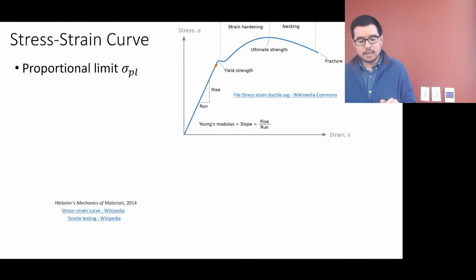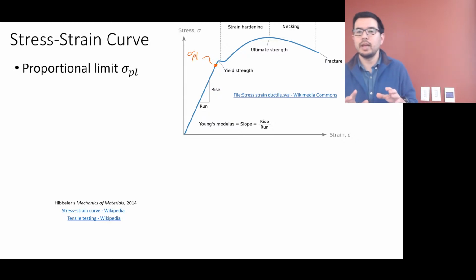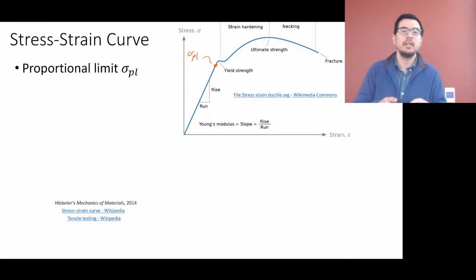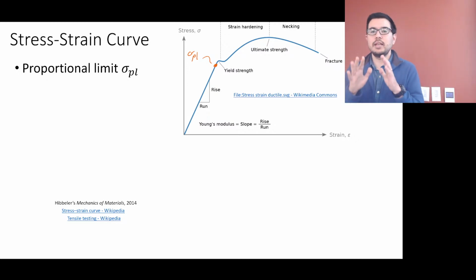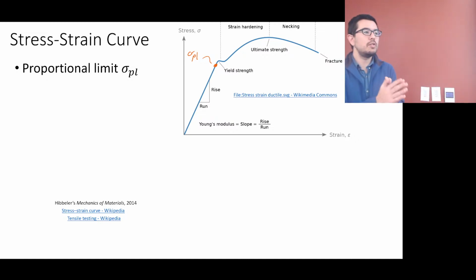Well, we're going to go into more detail in terms of how you make a graph and how you calculate some of these values. But this is what you're looking for when you're interested in using a material in an engineering application.